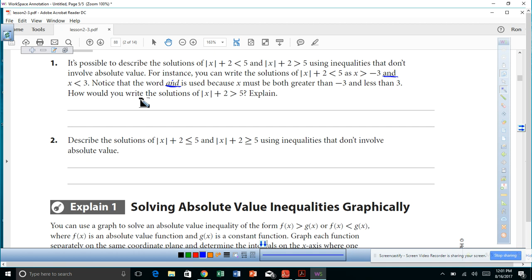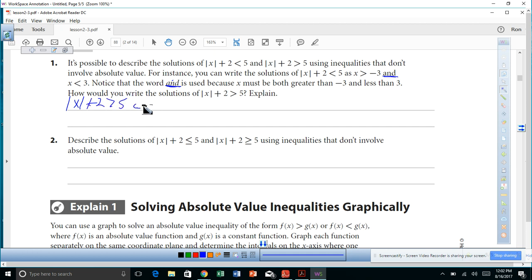How would you write the solution of the absolute value of x plus 2 is greater than 5? Explain. So the absolute value of x plus 2 is greater than 5.